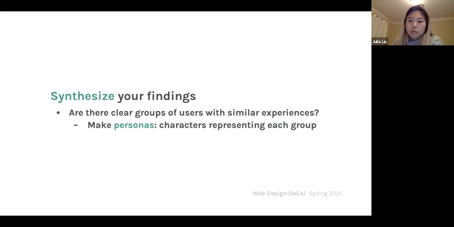One thing you can look at is if there are clear groups of users with similar experiences. Based off that, you can make personas, which are characters representing each group and the most common things you've discovered in your research.